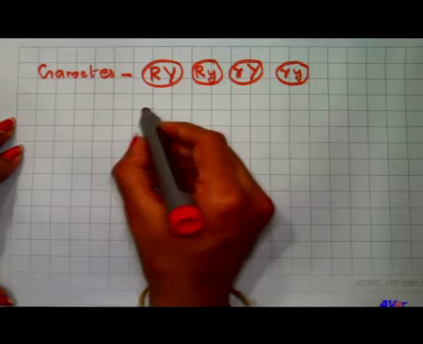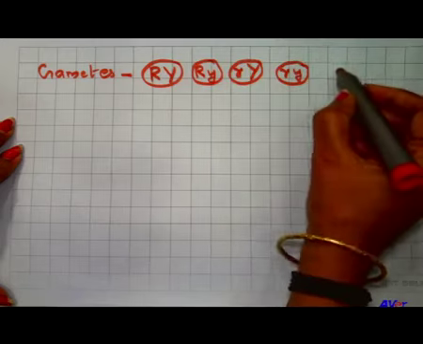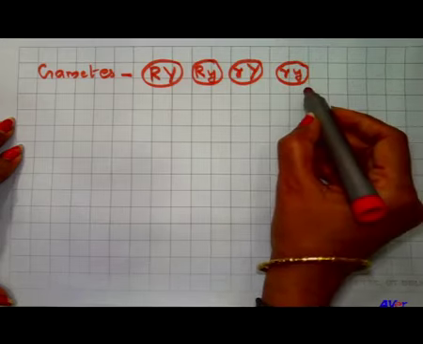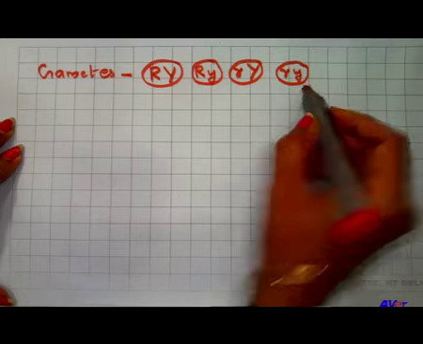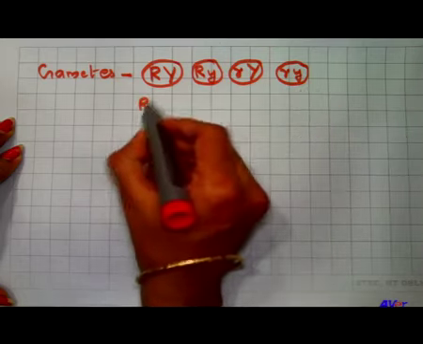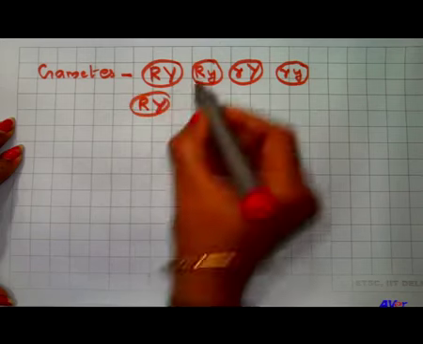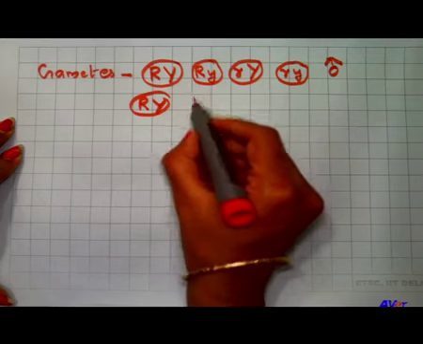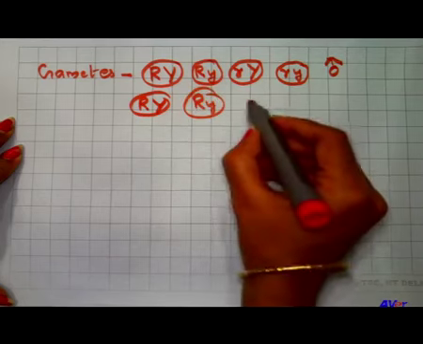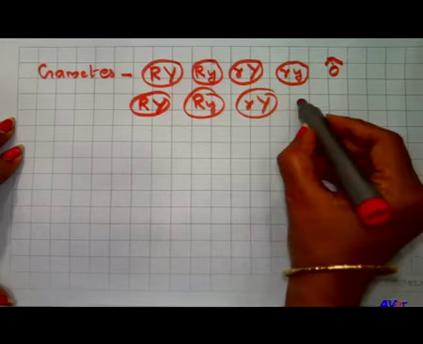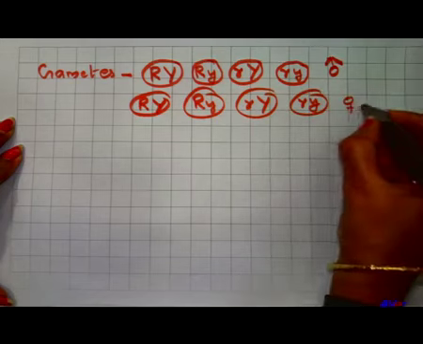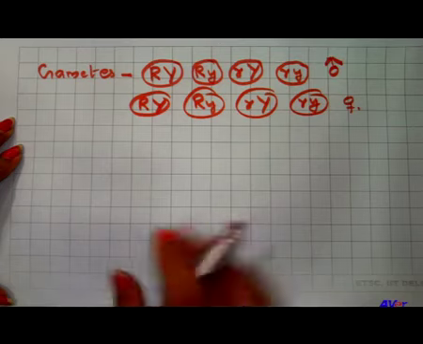Then the second parent will also produce the same 4 different types of gametes: capital R capital Y gamete, capital R small y gamete, small r capital Y gamete, small r small y gamete. This is produced by the female parent.